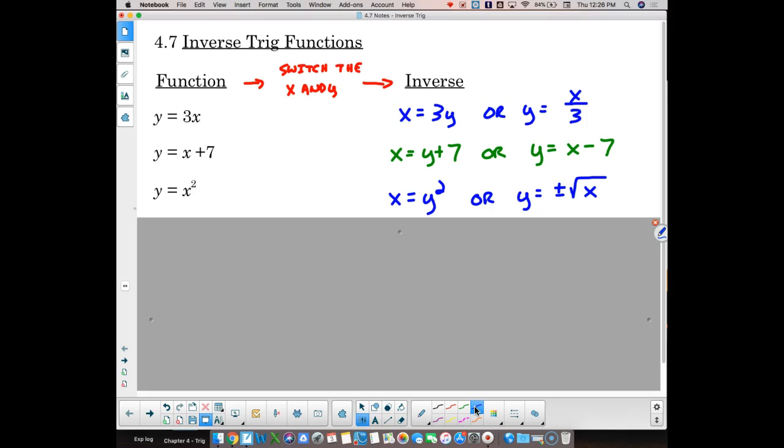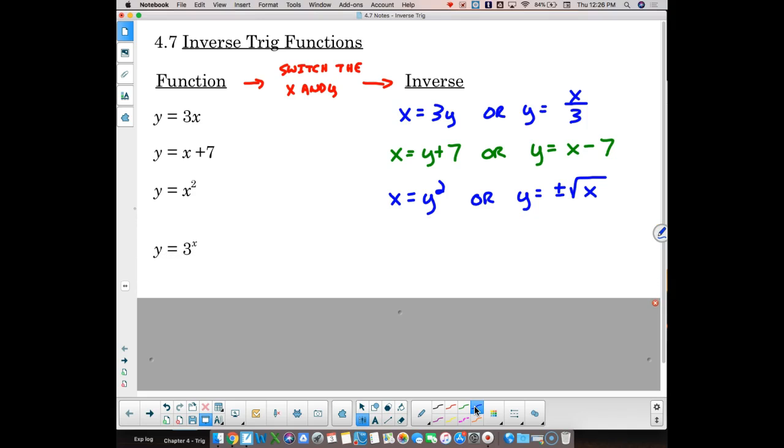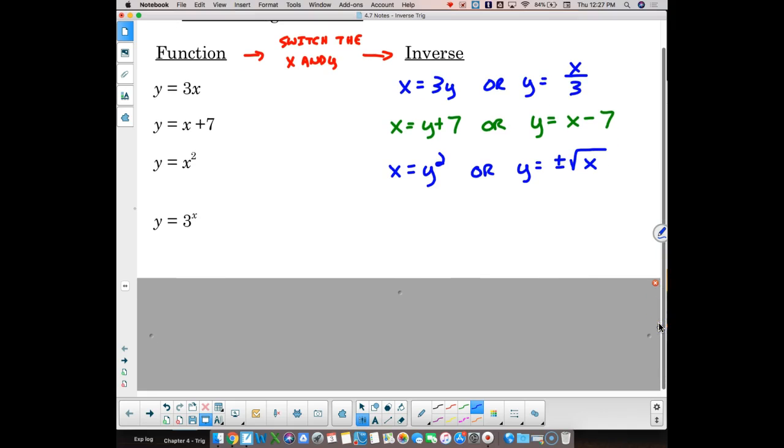In an exponential type function, again, we could switch the x and the y, or we could switch forms with it. With exponentials, we solve them using logarithms. With logarithmic functions, we solve them using exponentials. So we could write this as y equals the log base 3 of x.